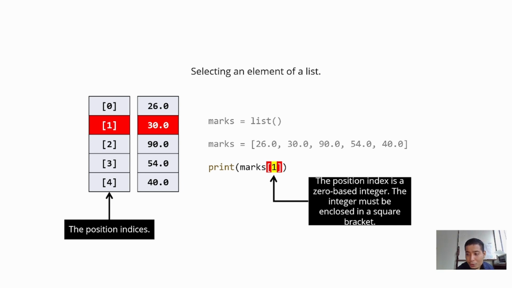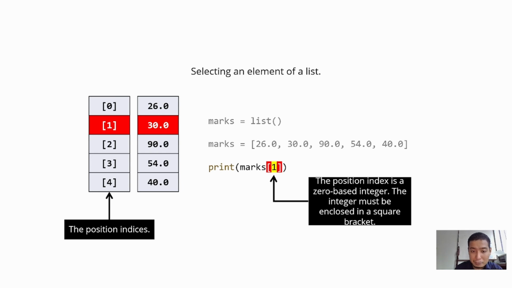So it depends on the programming language. Sometimes it begins from 0, and sometimes it begins from 1. So depending on the programming language, you have to know whether it begins from 0 or 1. But for Python, it will begin from 0. Okay, 0, 1, 2, 3, 4.